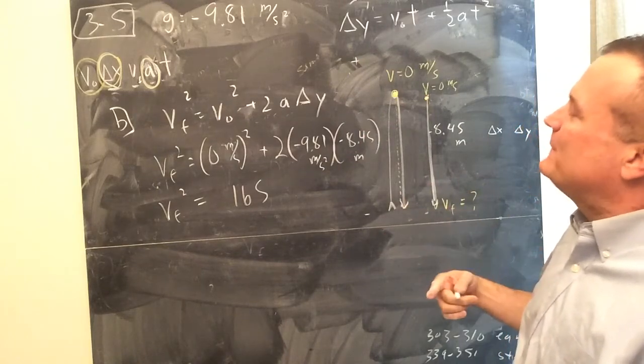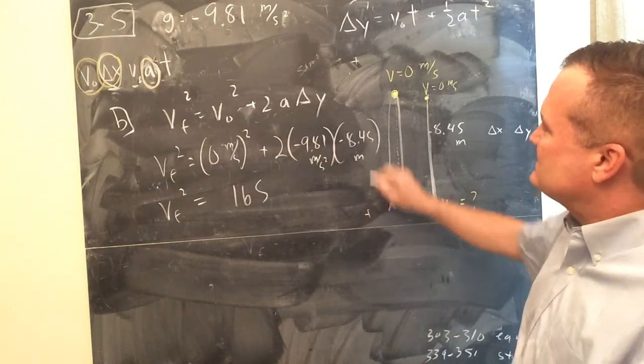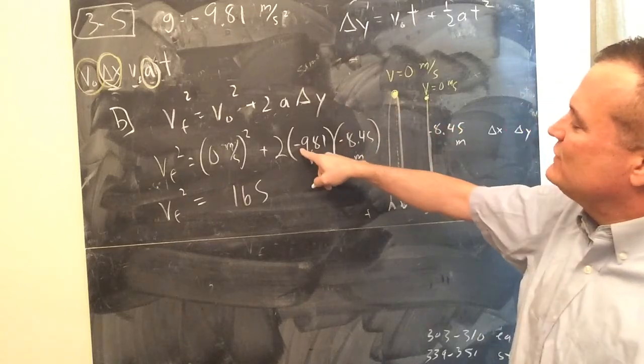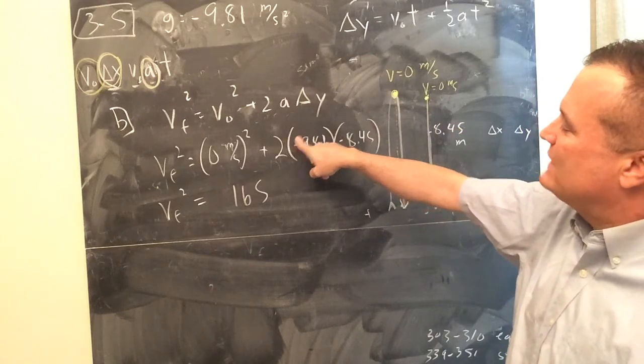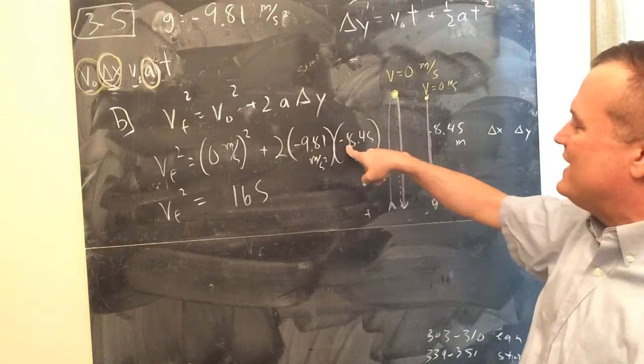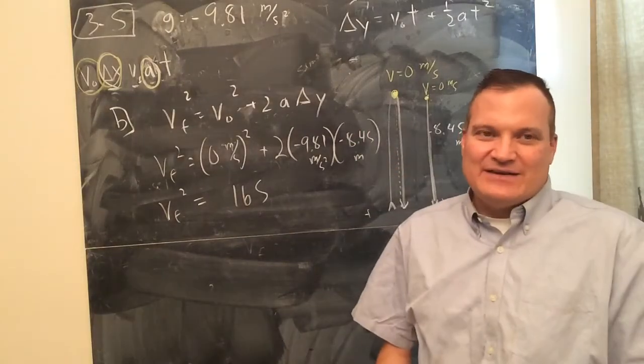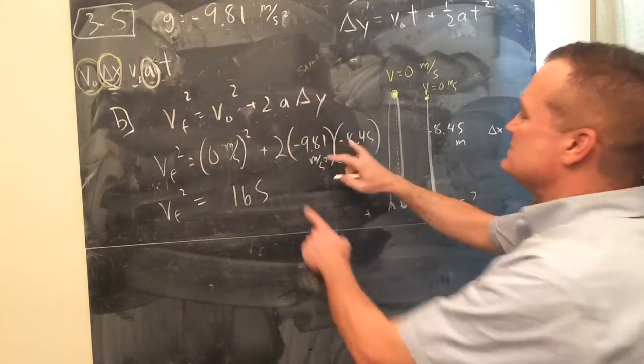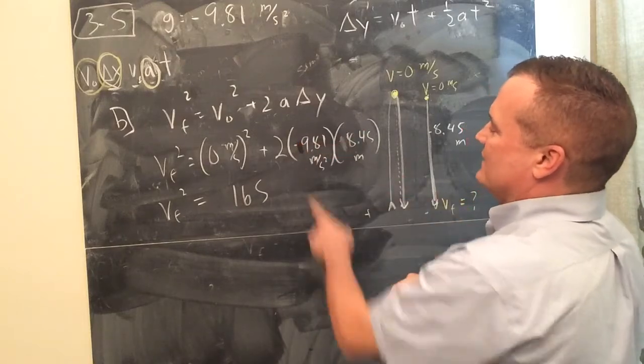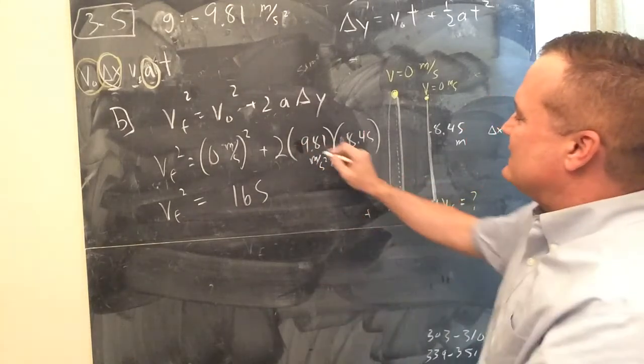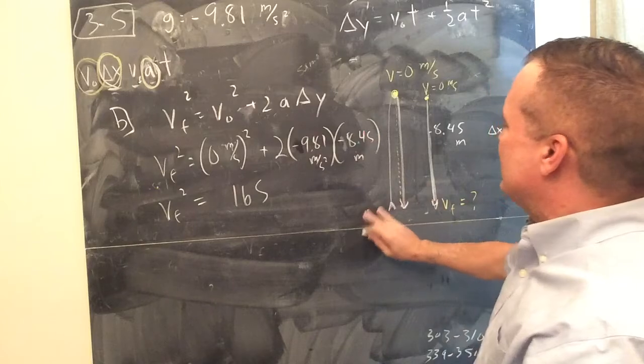If you wanted to flip it around and say, well, let down be positive and let up be negative, then in that case it'd be positive 9.81 and positive 8.45. So you kind of could eliminate the negative sign. So in other words, you could just put that and it would still be correct. I like to kind of keep it consistent and put the negative in the negative.